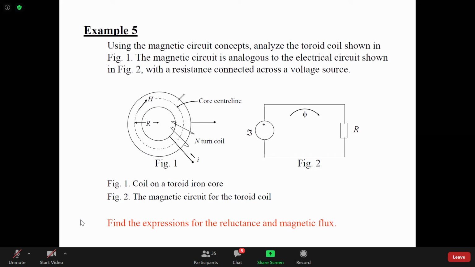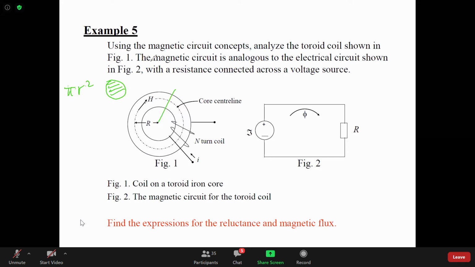If you cut this magnetic core, what will be the shape that you will see? It's a circle. As I said, it's like a donut. So if you cut this, it will be a circle. When you analyze the magnetic core and need to find the cross-sectional area, it's going to be pi r square.